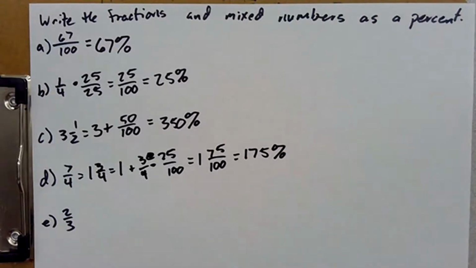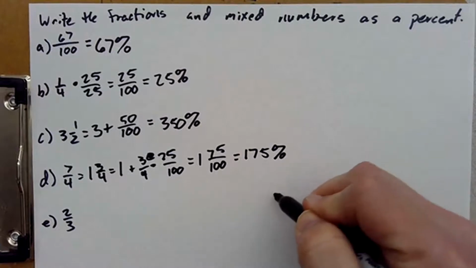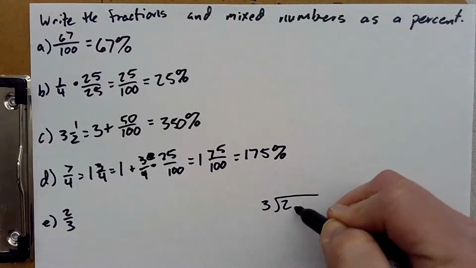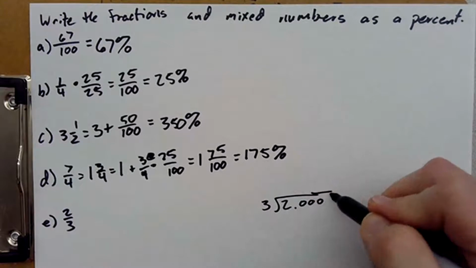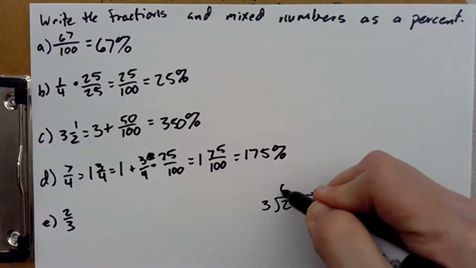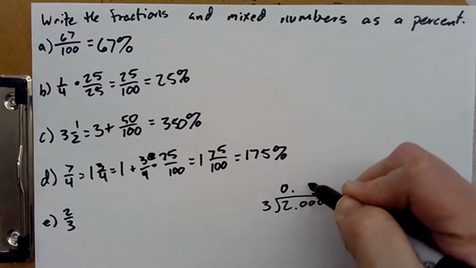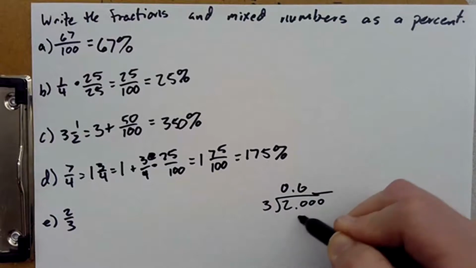And finally, we've got 2/3, and this is more complicated. The easiest way to do this is to divide. We can just take 2 divided by 3. We'll add some decimals there. Add some zeros. So 2 divided by 3, we can't do that, but 20 divided by 3, that gives us 6. 6 times 3 is 18.